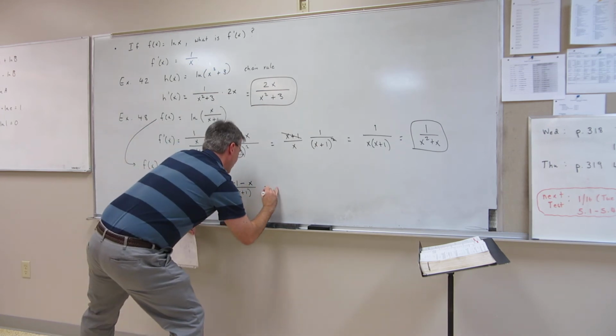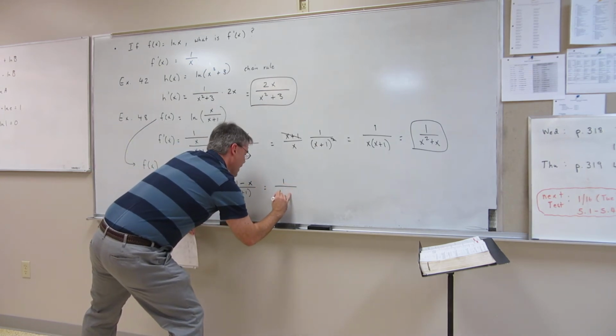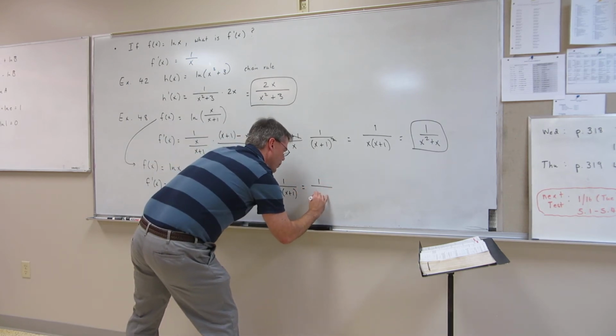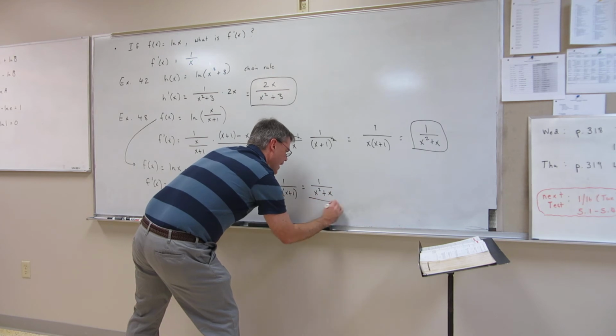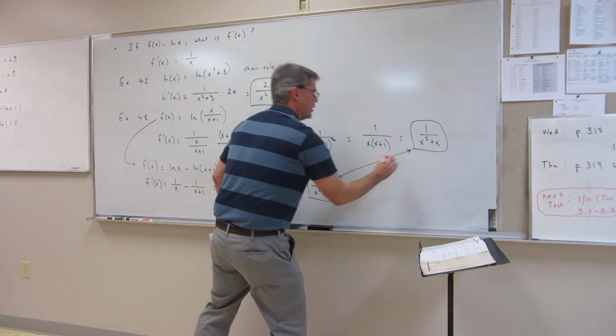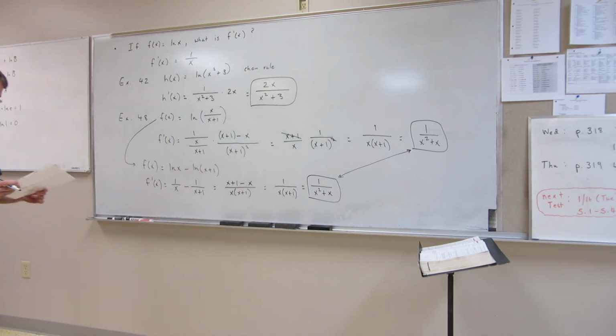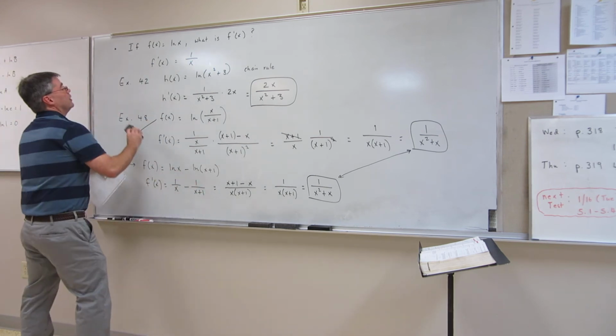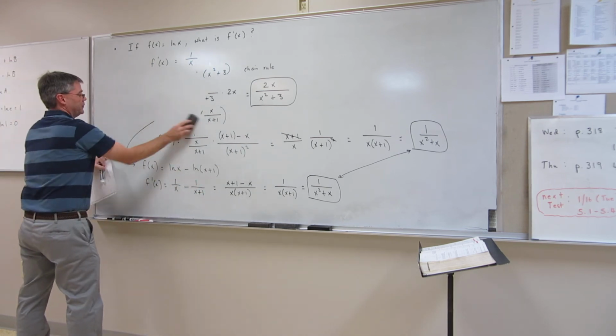The x's will go away and you have 1 over x times x plus 1. And if you distribute the x in the denominator, that's 1 over x squared plus x. So the same answer with a lot less work. Okay, so always look to rewrite first if it will make your life easier.